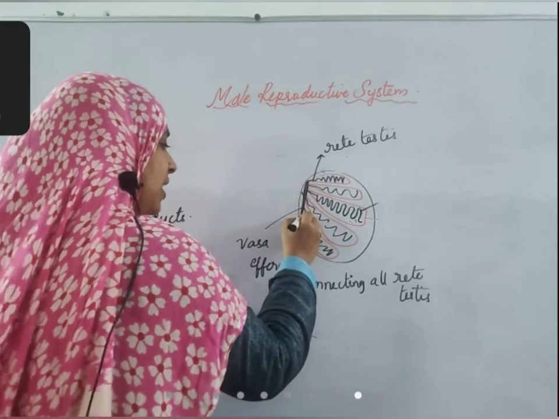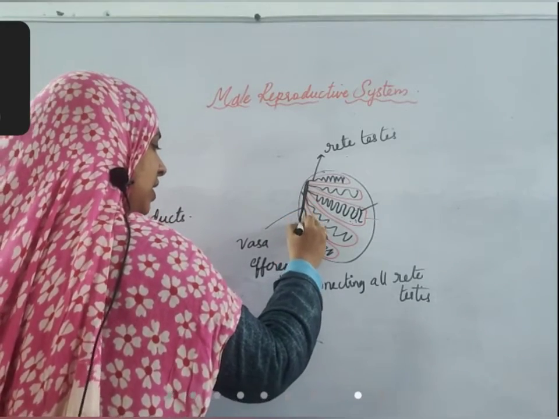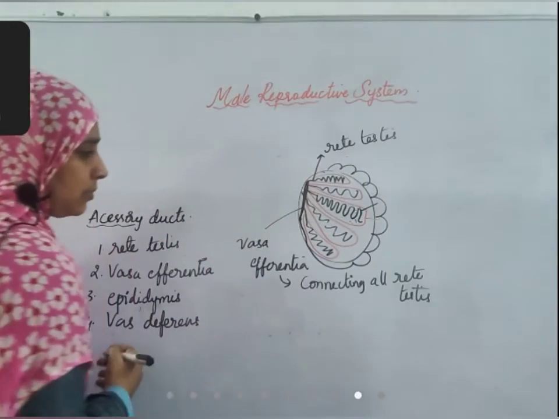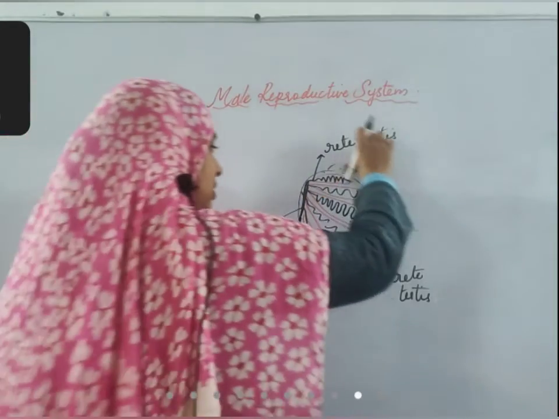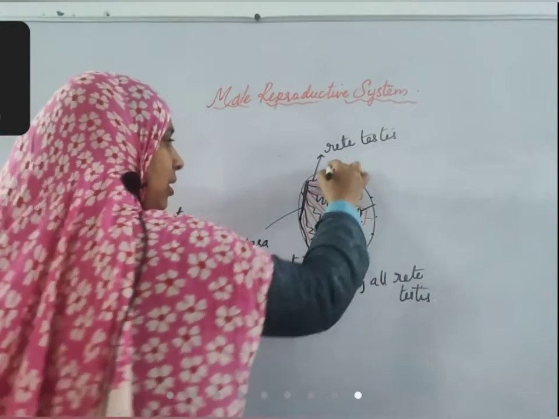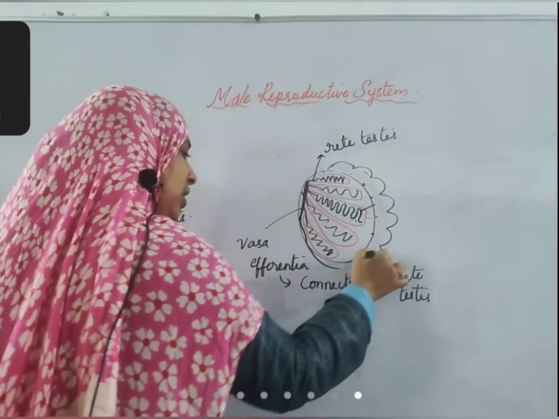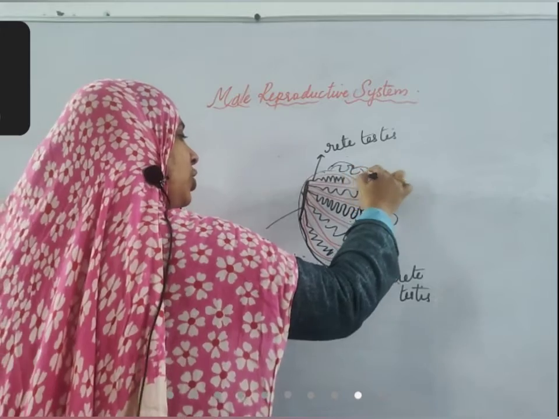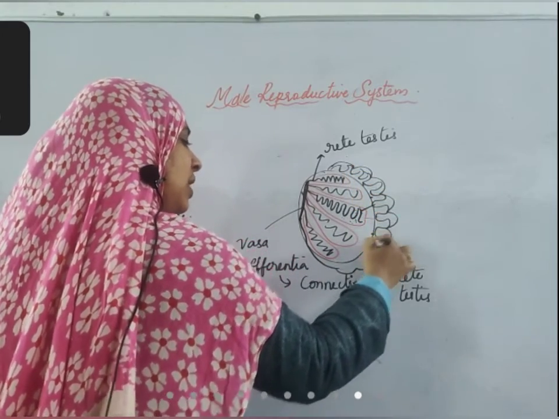After this, the vasa efferentia extend out to form a structure like this. This is just an additional set of tubules, made up of coil. Tubules are present inside the coil.